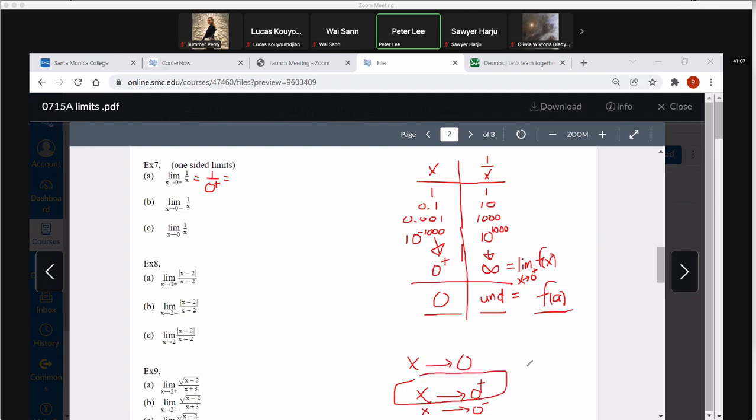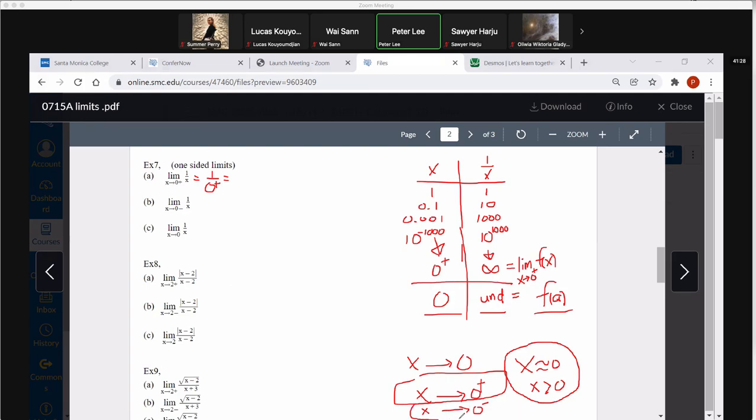This means that x is very close to 0, and at the same time, x is positive.